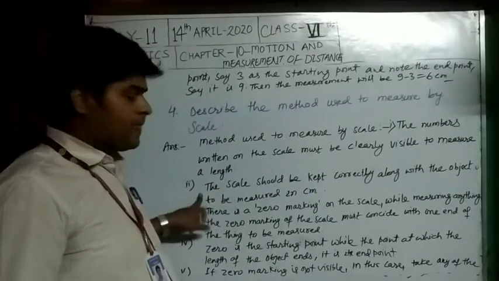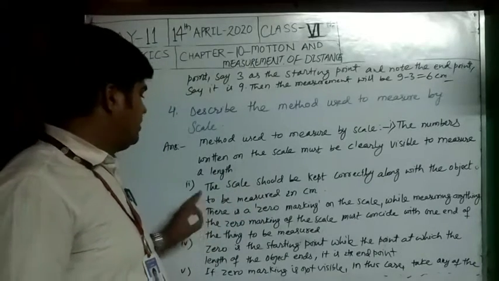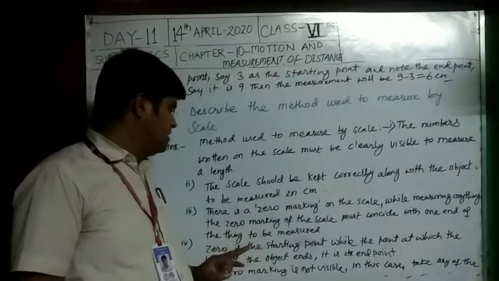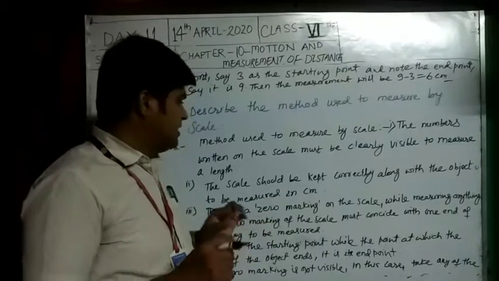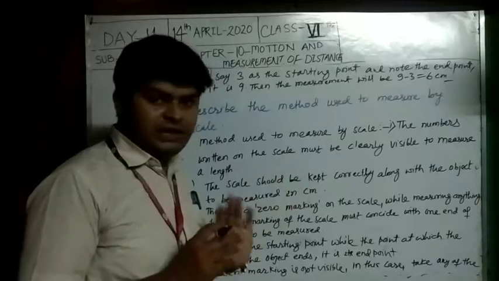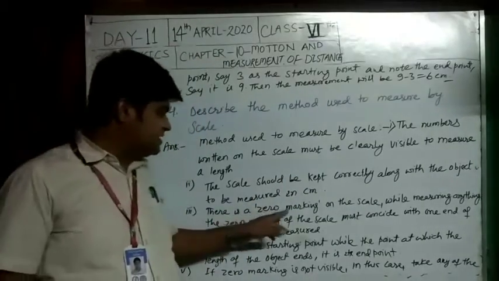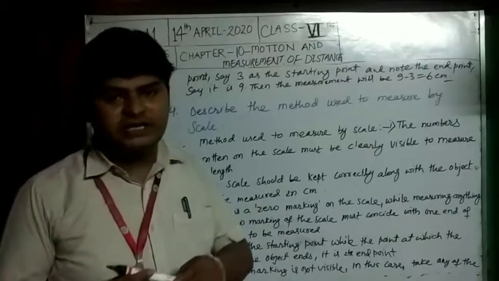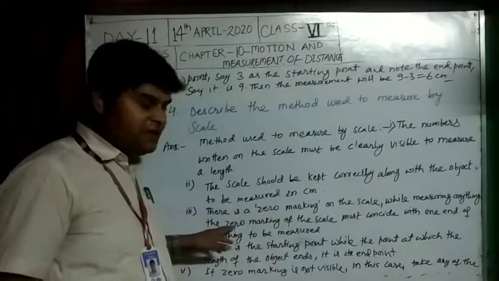Step 2, the scale should be kept correctly along with the object to be measured in centimeter. That means you will put the scale on the object correctly. Step 3, there is a zero marking on the left of the scale. I have taught this in measurement of distance.